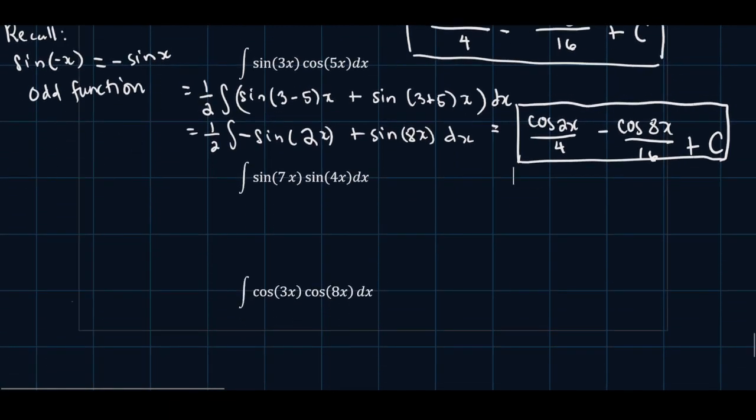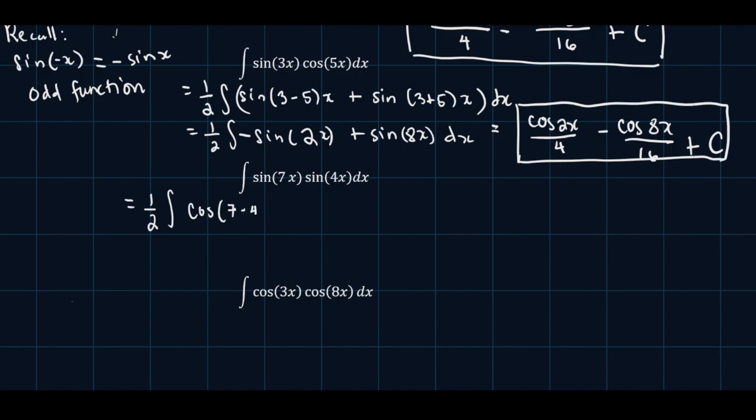Okay, the last two examples, sila na yung other cases or other forms nitong integral na to. So for the third example, all we have to do is apply the necessary formula again. If we have sine A times sine B, this is equal to 1/2 ng integral ng cosine of 7 minus 4x plus cosine of 7 plus 4x dx.